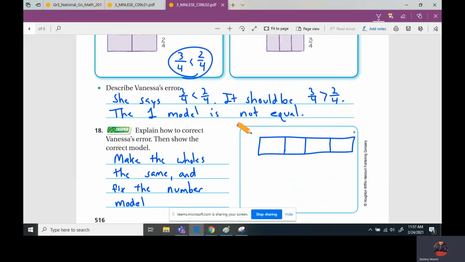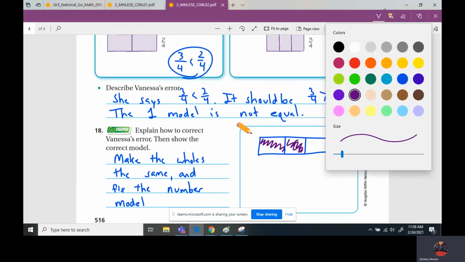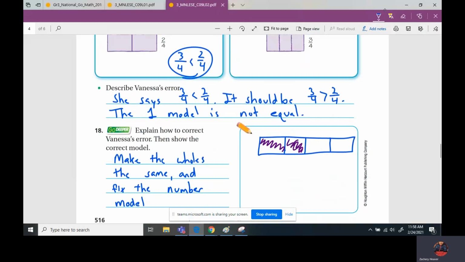Let's do violet for Vanessa. So she says this shows 2/4. All right. And I'm going to draw a model underneath that, the same exact model. I'm going to use the same exact distance. That's 2/4.